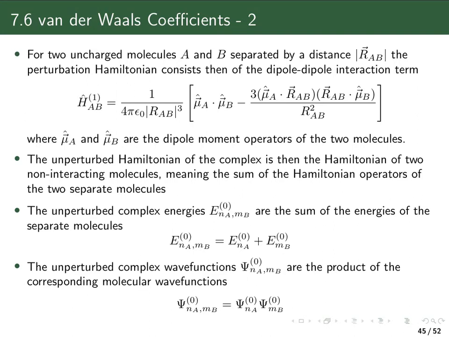Now the unperturbed Hamiltonian for the system, which is a complex of two molecules A and B, is just the sum of the Hamiltonians of the two molecules which are not interacting.